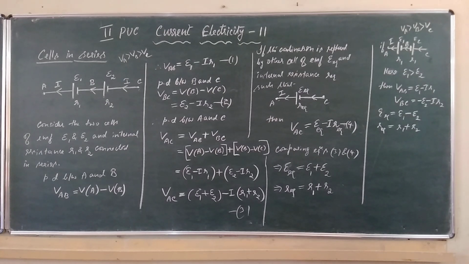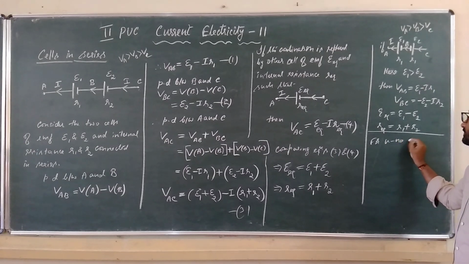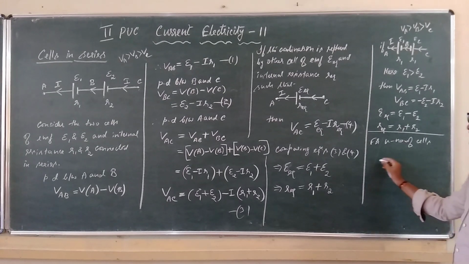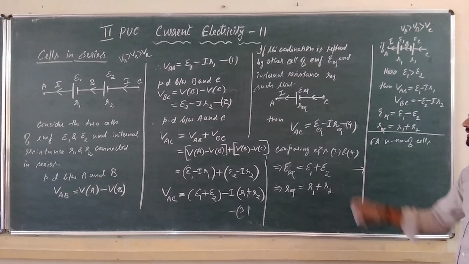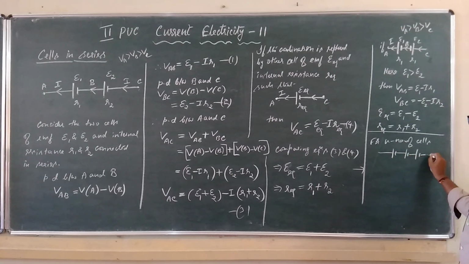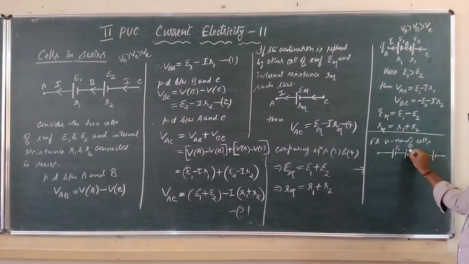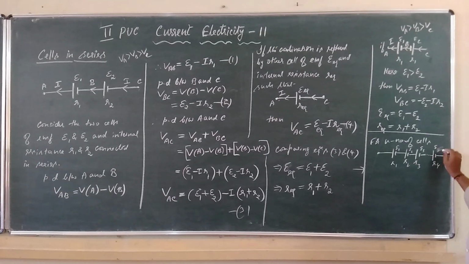So for n number of cells, E1, E2, E3, E4 up to En, with resistances R1, R2, R3, R4 up to Rn.